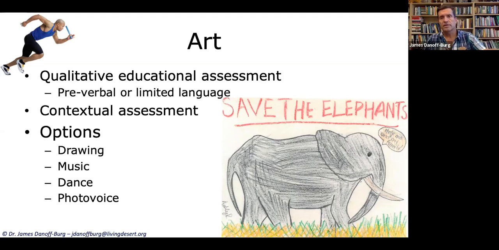The drawing, music, dance, those seem pretty clear. Photo voice is probably a term that you've not heard of, but it's a great tool for assessing, using art to assess their attitudes, especially because maybe we ask a community member, or ask community members in general, please take your phones and take pictures of things in your experience or on your farm that you are particularly proud.